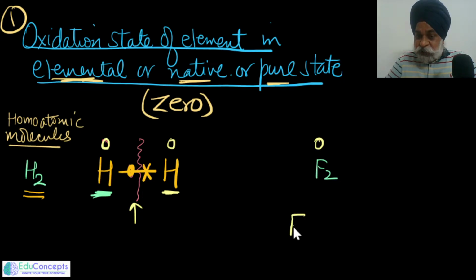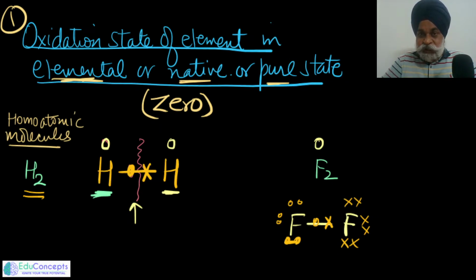Because when you make its bond and do the theoretical bond cleavage, as per the definition, I have to remove atoms around it to find the oxidation state of this fluorine. Fluorine has 7 electrons, 7 of this and 7 of this, their octet is completed, so it's a single covalent bond. If I break it from the center, what charge would this fluorine get? It would not get any charge. The apparent charge on it would be 0, because it did not get any charge. Same is the case for this one.